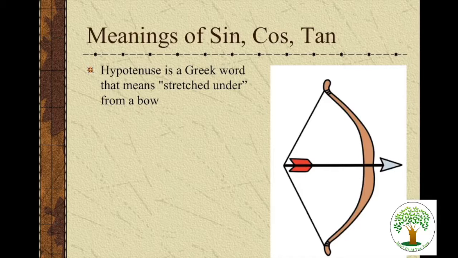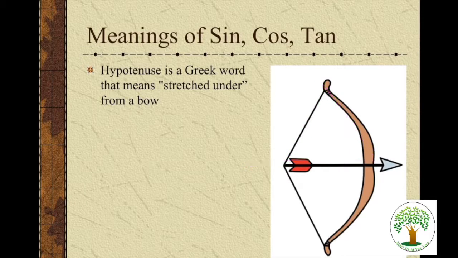So I pulled up a picture of a bow, and I want you to notice that here we have a triangle. If this were a right angle right here, this would be the hypotenuse, and it was stretched by the bow. This was part of the bow that was stretched. I thought that was kind of cool, even though mine does not look like a right angle. This would have been the hypotenuse, and that would have been the bow that was stretched by the arrow.